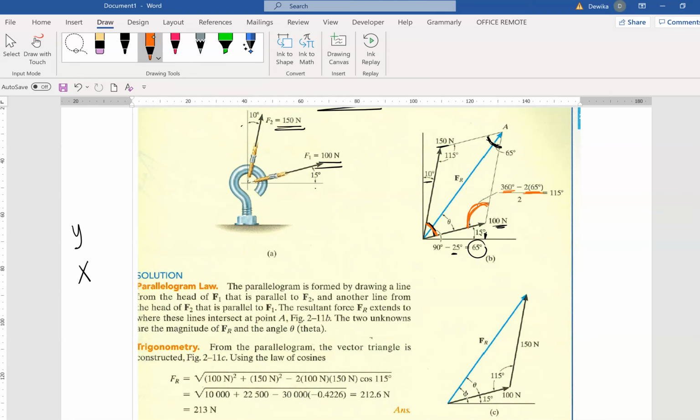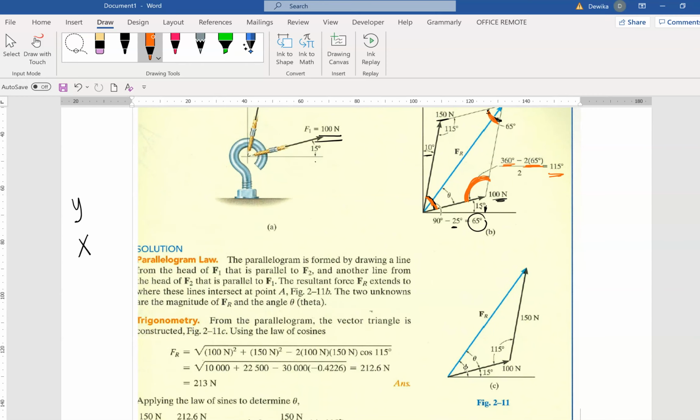The angle here. If this is 65, this is 65. So what do you have as the balance? That's why it is 115. So this angle here is now 115. Now redrawing the whole thing, I will have 115 here, 65 as the phi inside here, 150 here and 100 here.